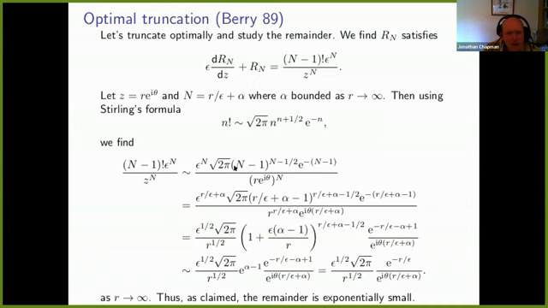So if I then put what this optimal truncation point is in for n there, then you find when the dust settles, you get an expression that looks like this. So you find that it is indeed exponentially small as epsilon tends to 0. And that effectively arises from Stirling's formula here, from the e to the minus n here.